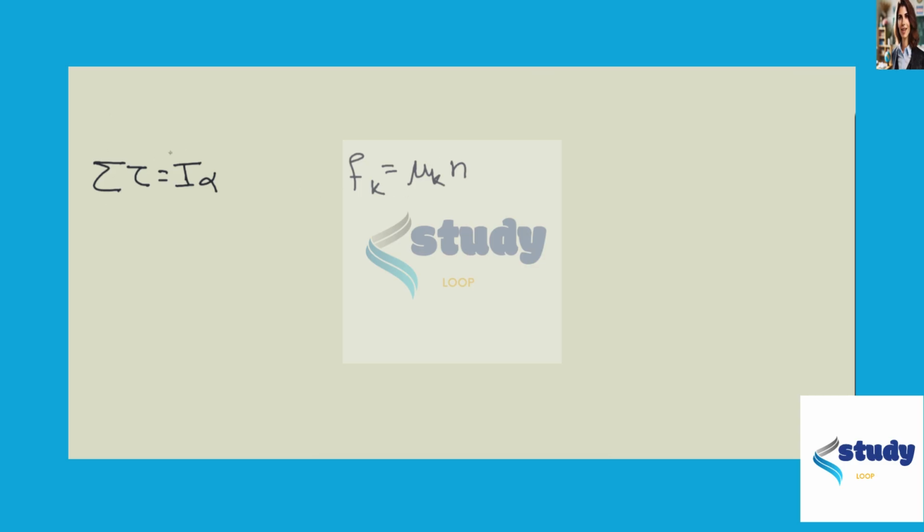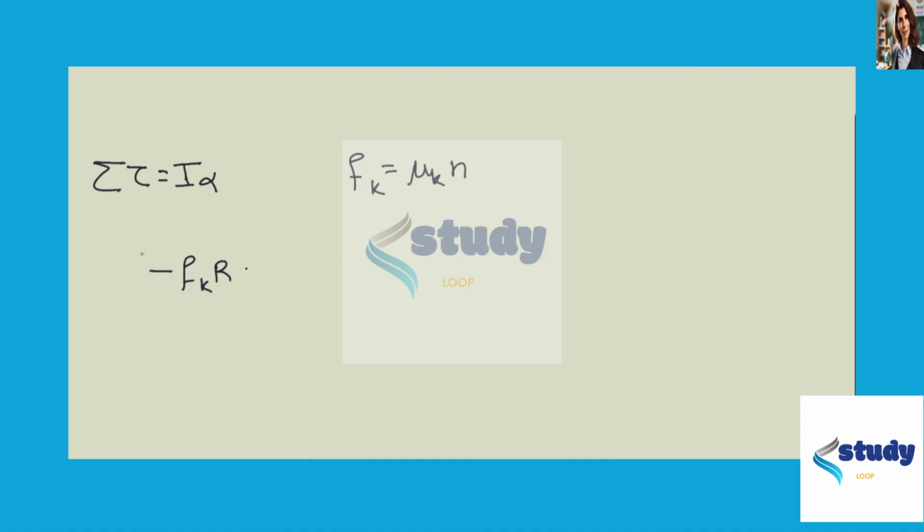So if we apply this in this figure, we'll see that torque is equal to negative Fk times R, and the reason for that is because the normal force has zero moment for rotation about an axis at the center of the grindstone, and therefore the torque is zero there. So the only torque on the grindstone is that due to the frictional force Fk.